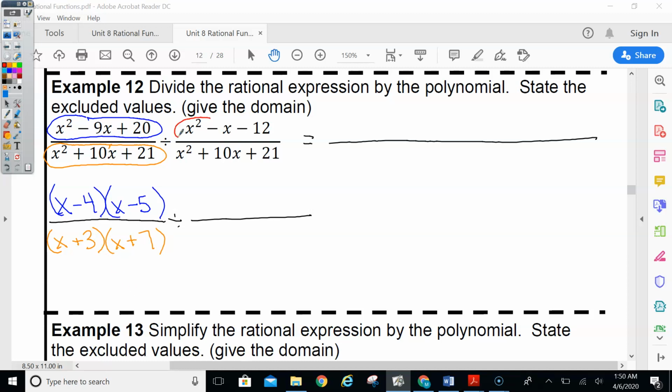And then negative 12 on the bottom and negative 1 on the top. There's a 3 and a 4.